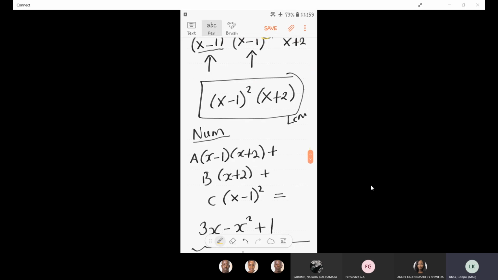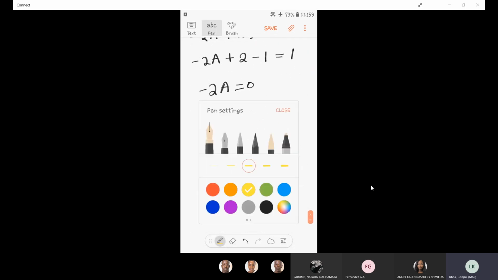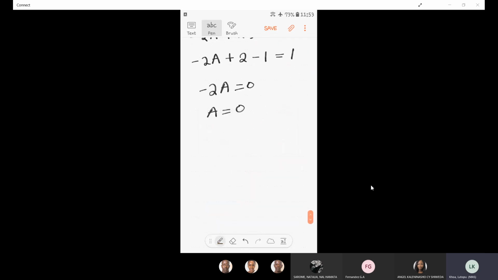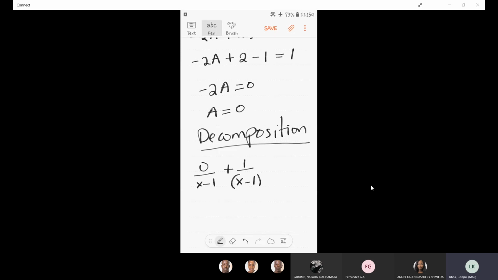So we write the final answer. So my decomposition, I have A was 0, so I'm just going to write it and then write it nicely. And A was over x minus 1. My B was 1 over x minus 1 squared.